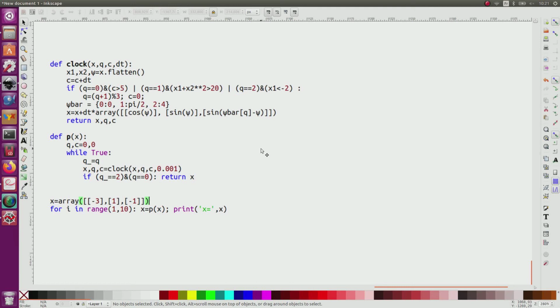I propose the following Python program, and the idea is to run a simulation and to isolate the sequence of all states x such that Q switches from 2 to 0.